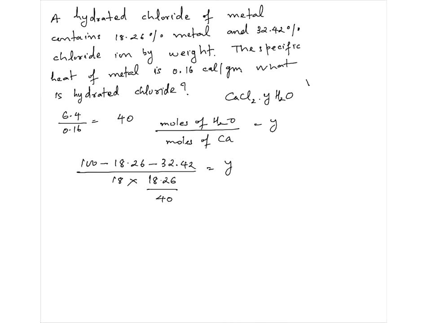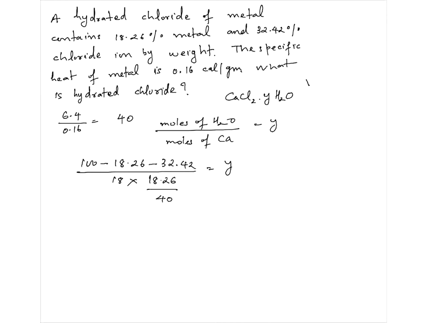From 40, we can identify this metal. Which metal has got this much atomic mass? Calcium.